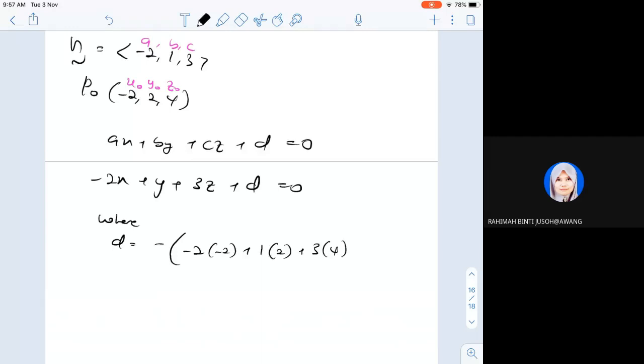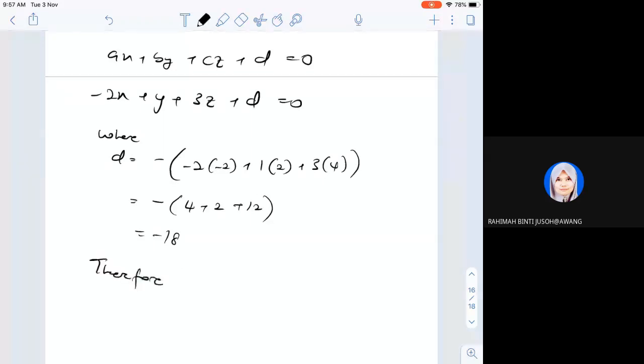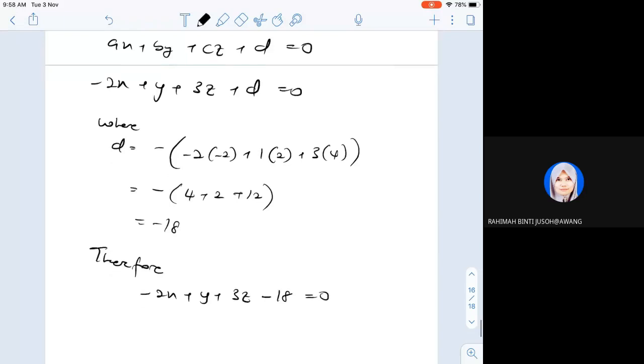So we have negative of 4 plus 2 plus 12, 12 plus 6, negative 18. Therefore, substitute into the equation: negative 2x plus y plus 3z minus 18 equals to 0.